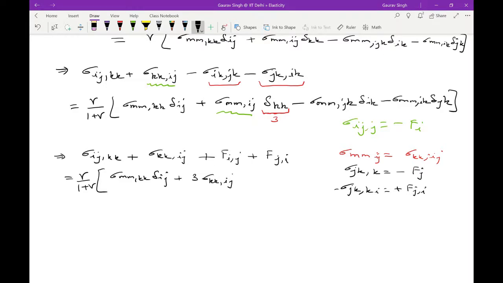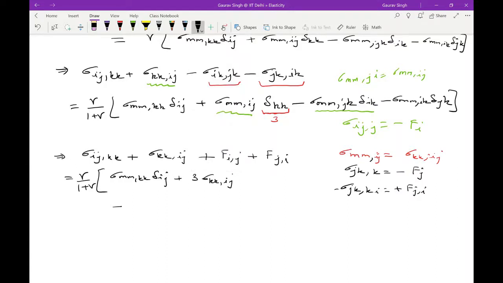Then you have minus sigma comma jk. And what would that look like? Sigma comma ji, right? Comma ij. So this particular term, for non-zero terms, that would be sigma comma ji, because for non-zero values k will have to be equal to i, and this is the same as sigma comma ij because the order of differentiation does not matter.